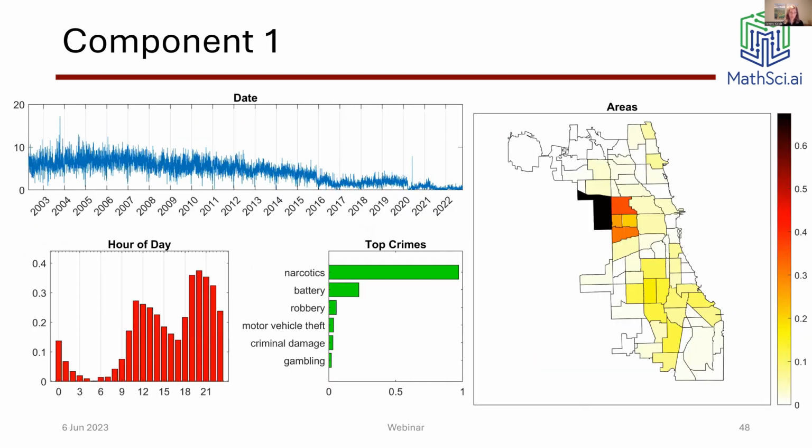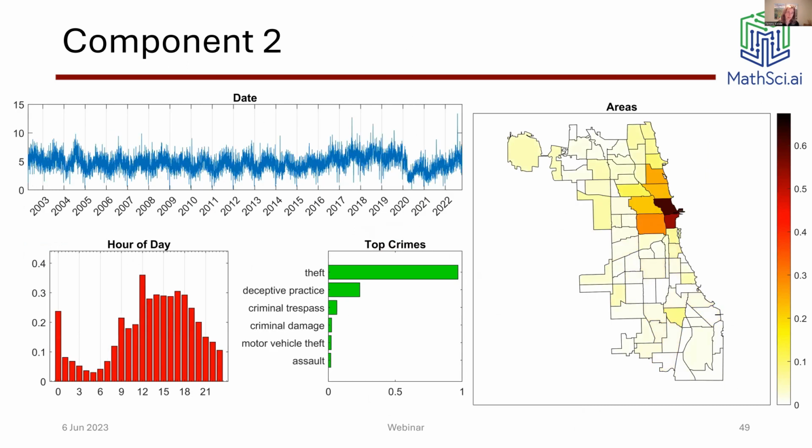I'll zoom in on a couple of these. Here's a crime that's going down. Narcotics crime reports are going down in this region. We saw they were still high in 2019. Here we have the COVID year, so we see an interesting blip around COVID time. And then we have the standard traffic of crime in the tourist area, theft, usually during the daytime.